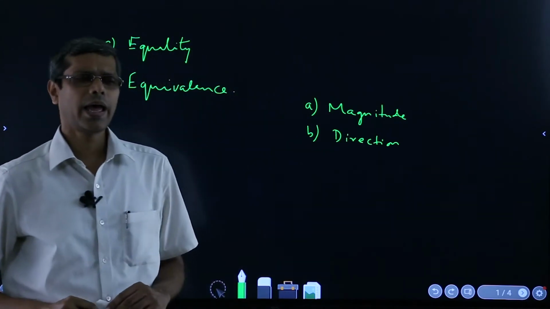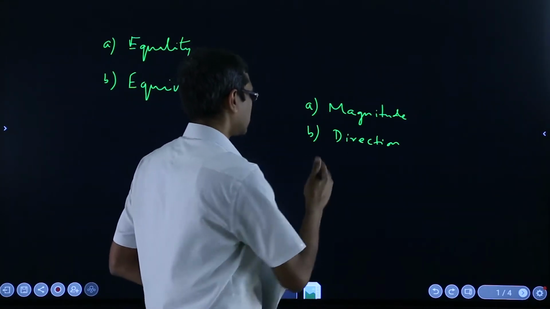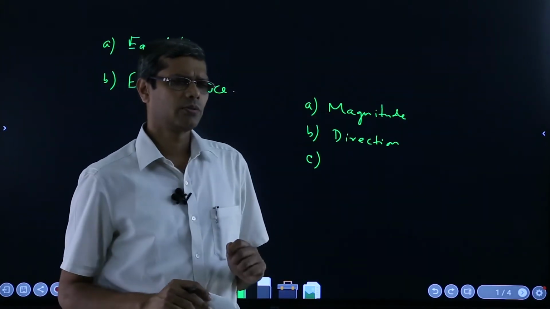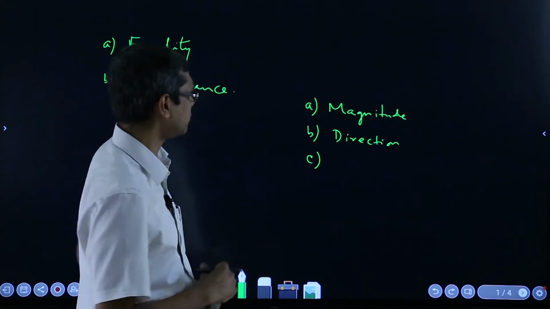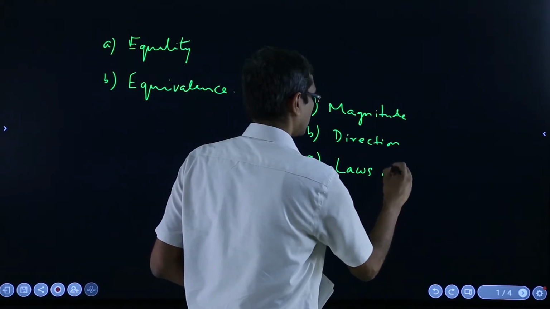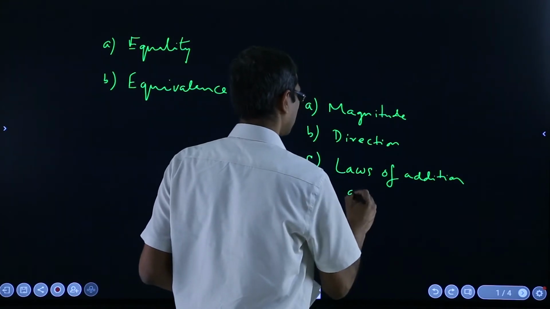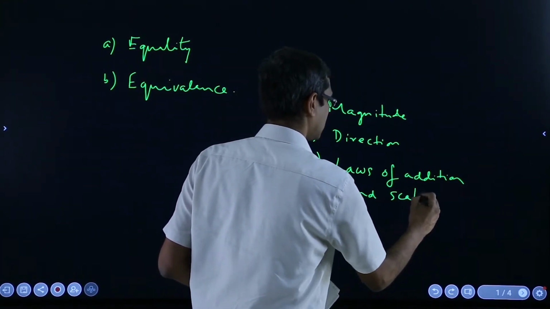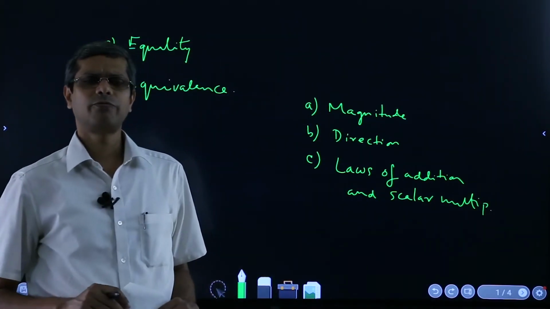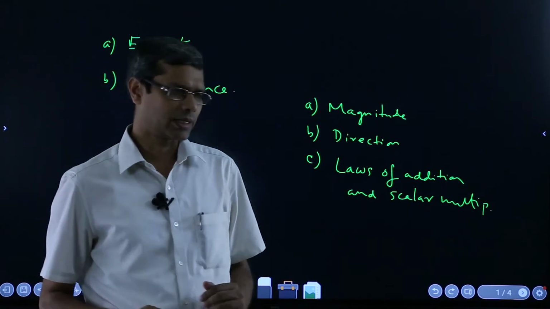And for something to be called a vector, you also require that it should follow all the laws of addition and scalar multiplication. When some physical parameter has these things, then you call it a vector.